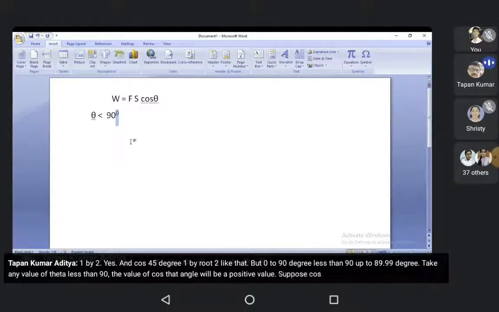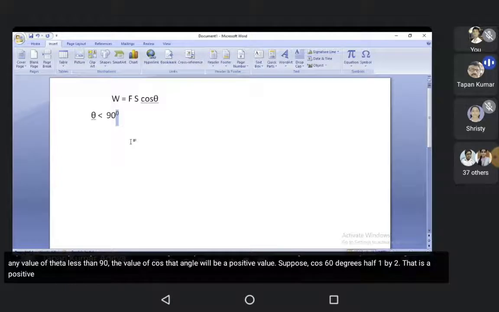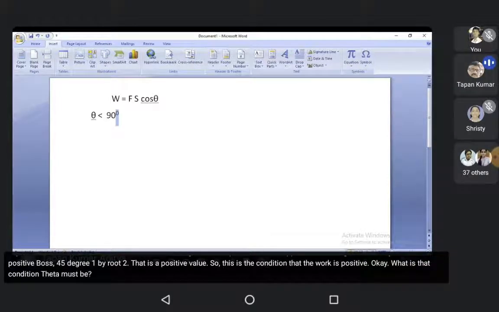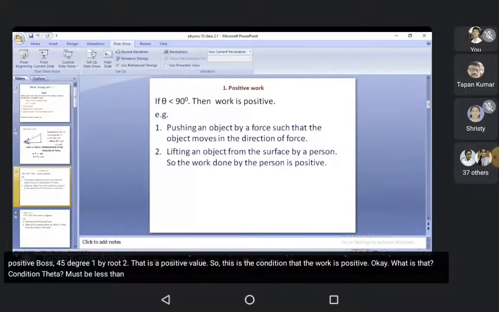Cos 45 degrees is 1 by root 2, a positive value. So this is the condition that the work is positive: theta must be less than 90 degrees.